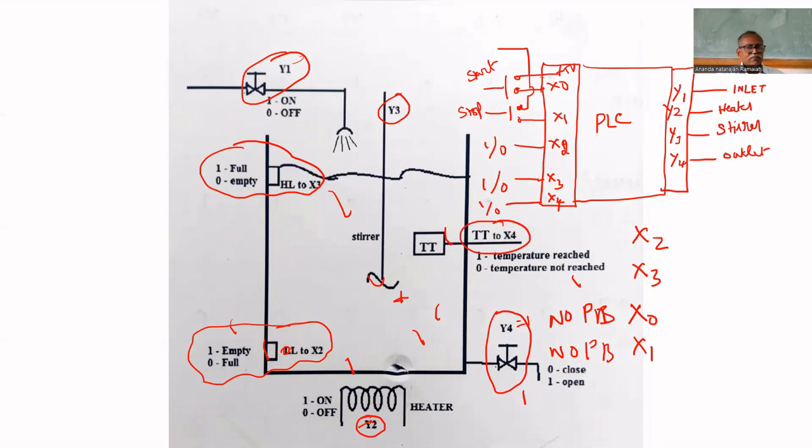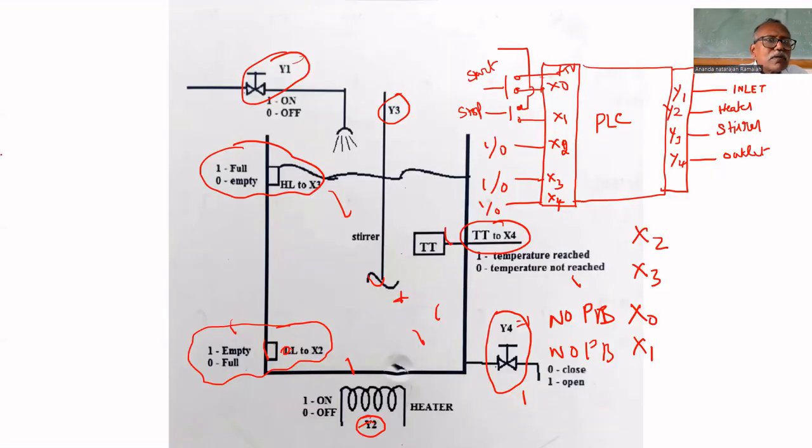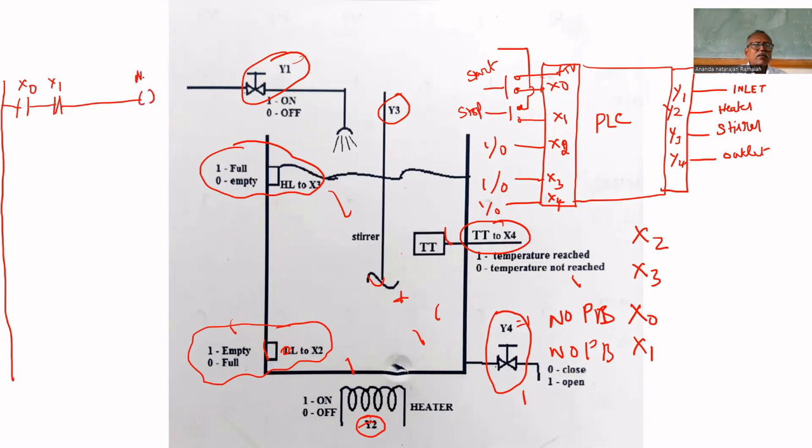Now we have to write the program. Here itself we can write. Push button X0 is to turn on. X1 is to turn off. Let us put M0, a memory variable.